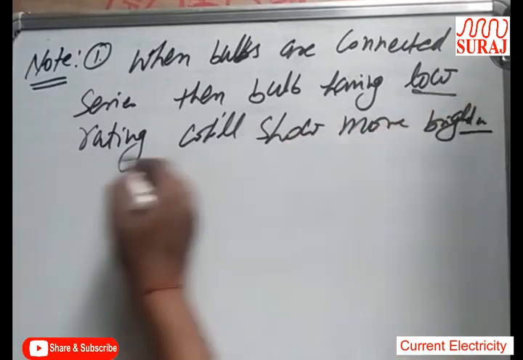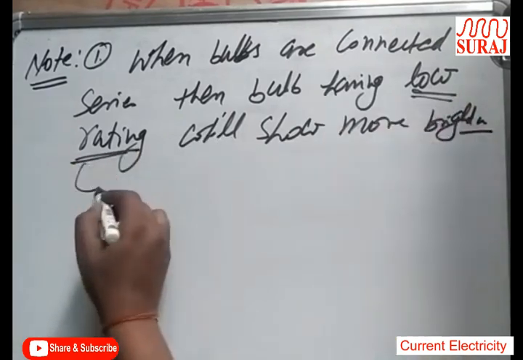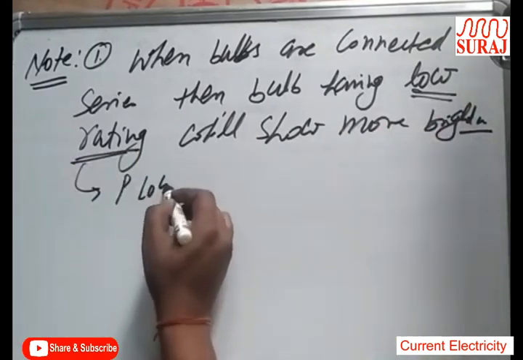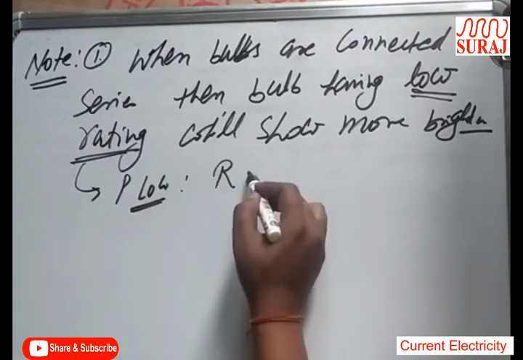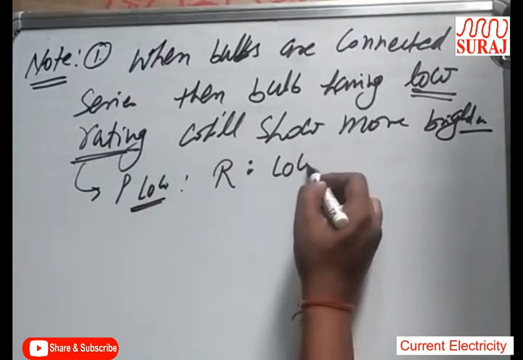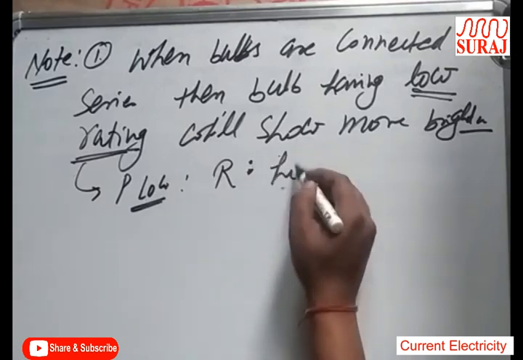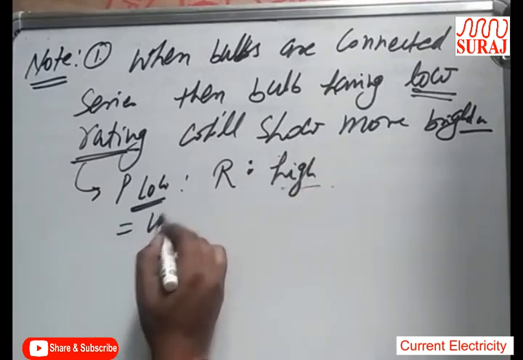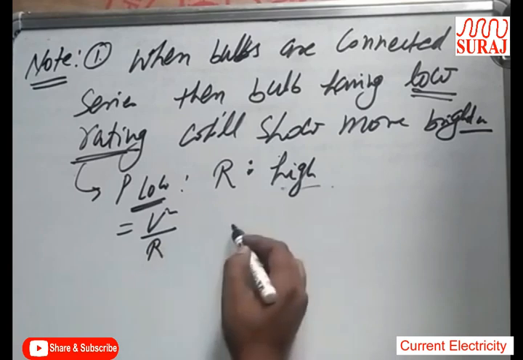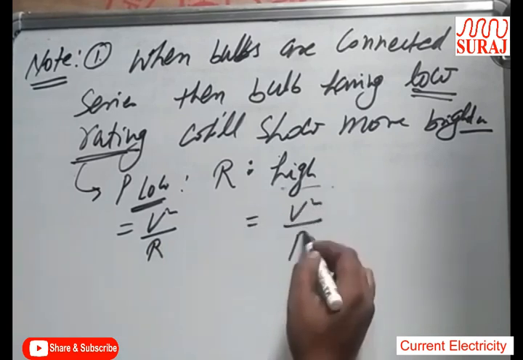Because low rating means the power is low, and power equals V squared by R, so resistance will be V squared by P, which means the resistance will be high.